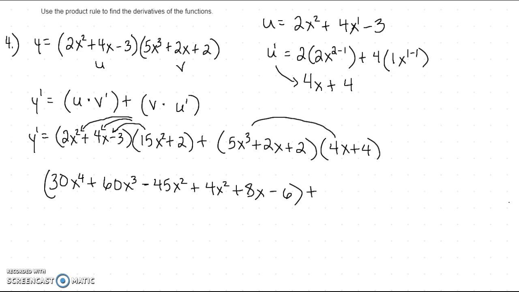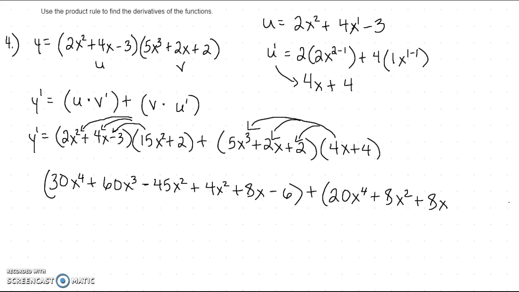We're going to distribute that 4x into those 3 parts. So 4x times 5x cubed gives us 20 times x to the 4th, plus 4x times 2x, 8x squared, and 4x times 2, which is just 8x.